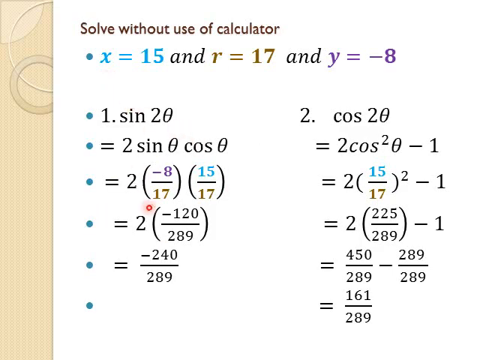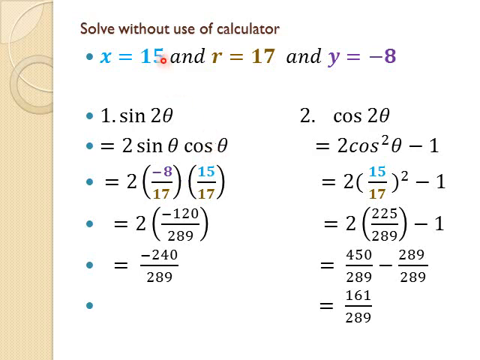So we know that x is 15, r is 17, and y is negative 8. Sine 2 theta, the double angle, if I expand it, becomes 2 sine theta cos theta. Sine theta is y over r, so my y is negative 8 and my r is 17.